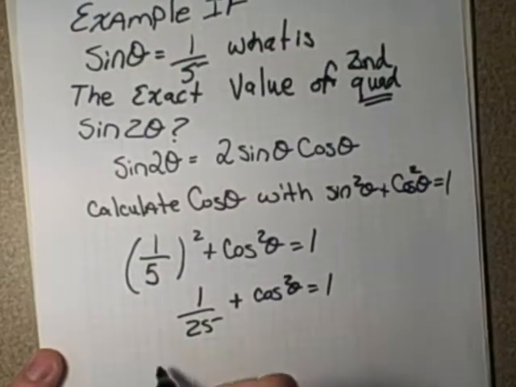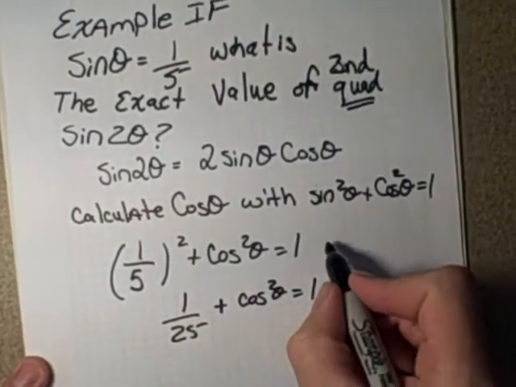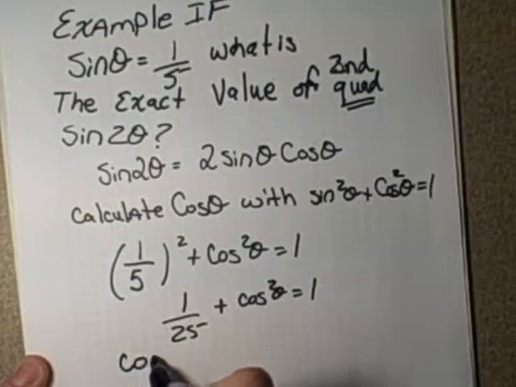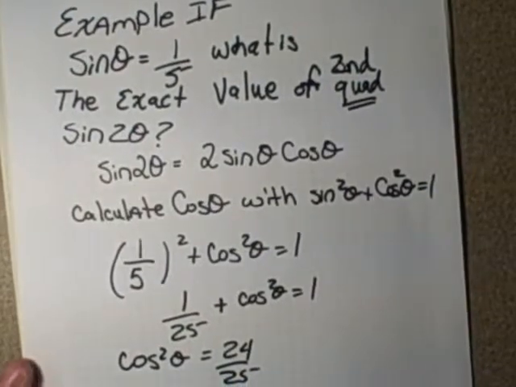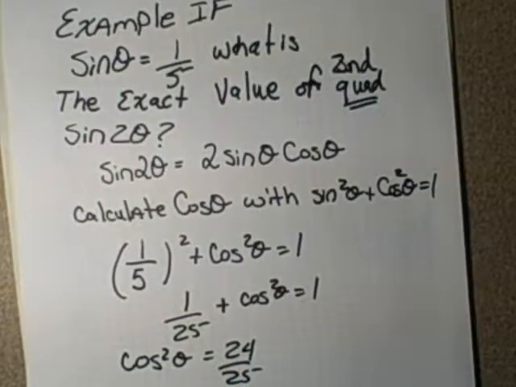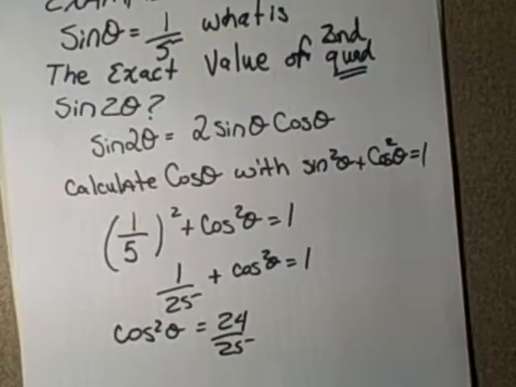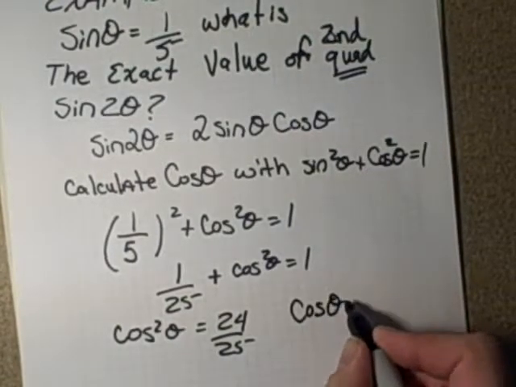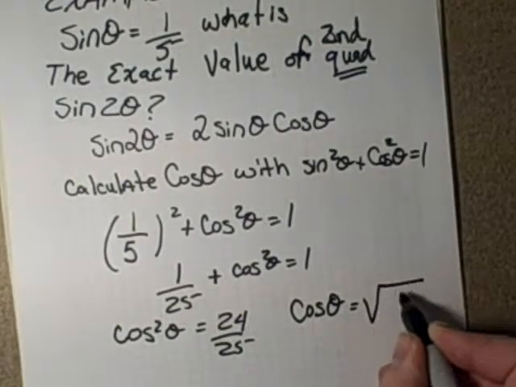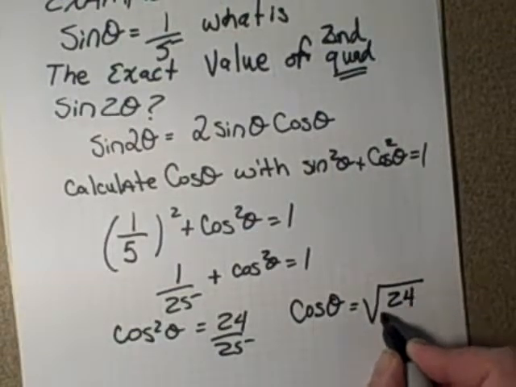So bring this over. Cos squared theta is equal to 24/25, if we do it that way. Now we have to take the root to get that. So cos theta is equal to the root of 24/25.